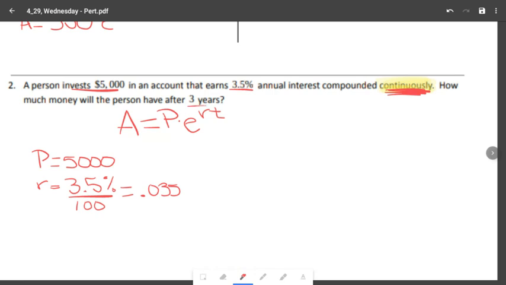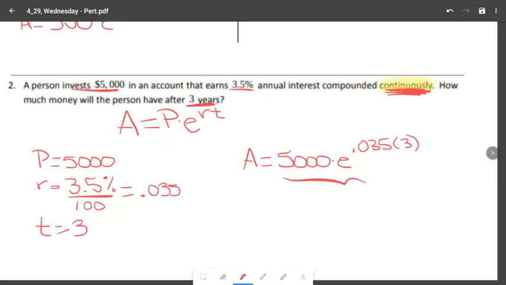And we want the money after 3 years, so T is 3. So we are going to plug this information into the formula. Again, E is a number just like the rest of these numbers that we're using.